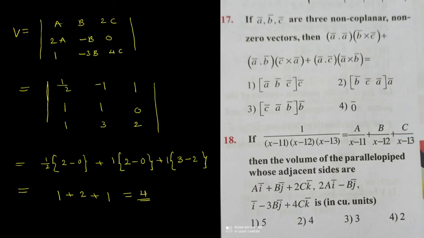This is wrong here, sorry, this is 3 minus 1 here, last 3 minus 1, that's why this is 2. The final answer is 5, 5 is the correct answer. Next problem.